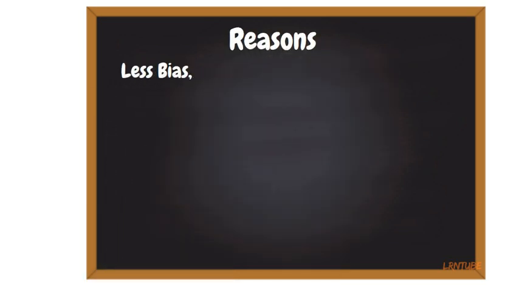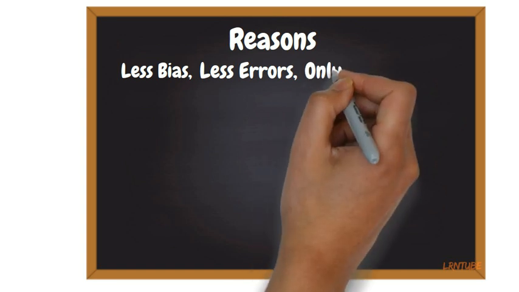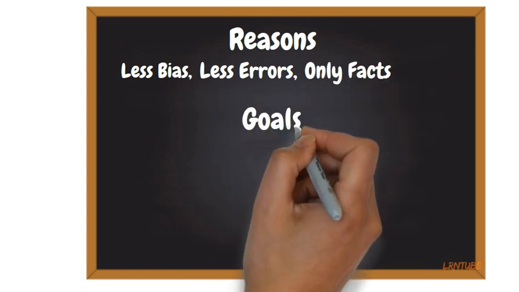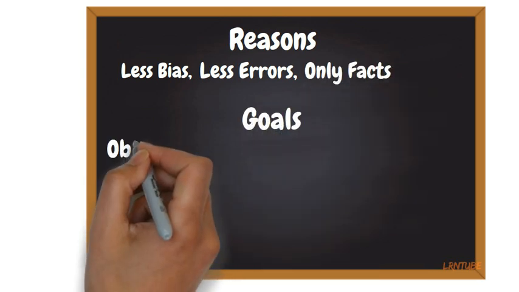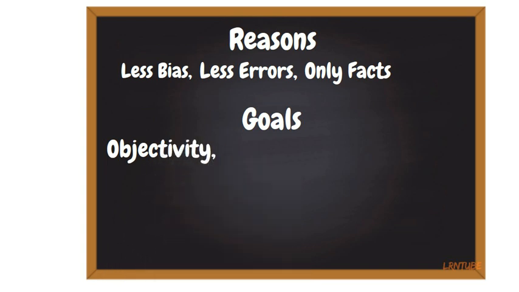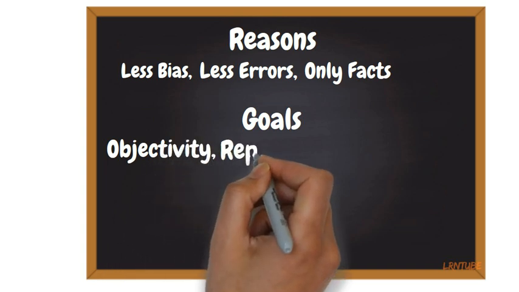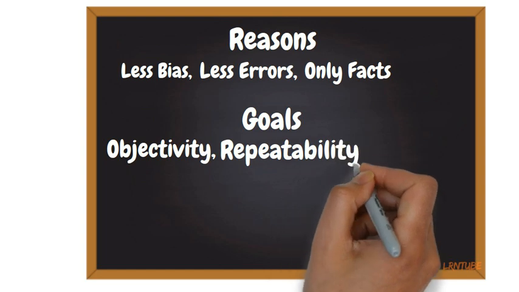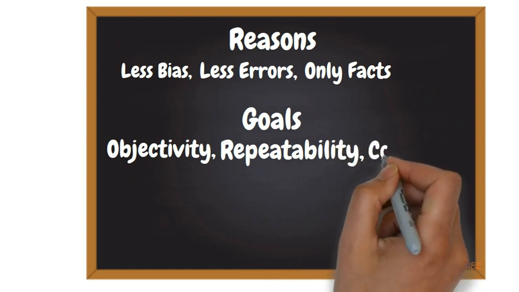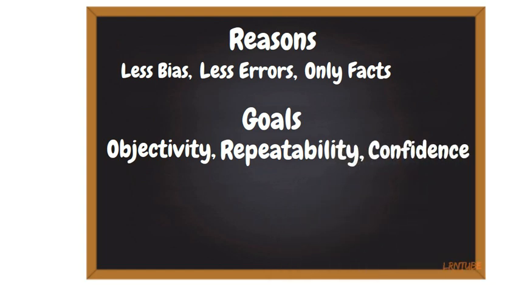The reason why it's so important is that it helps us reduce biases and minimize errors and helps us distinguish fact from opinion. By ensuring that the experiments are objective and repeatable, the scientific method forms the very foundation for scientific discovery and technological advancement. So, the scientific method is pretty important.